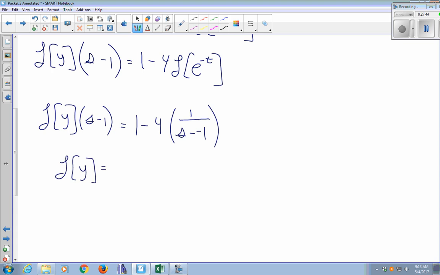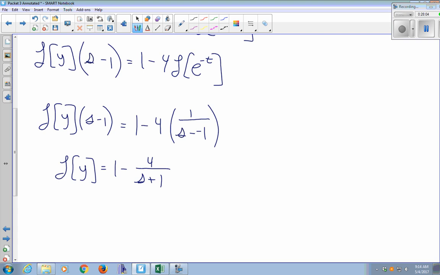So this is 1 minus 4 over s plus 1. So I now know the Laplace of y, which is really close to knowing y, right?